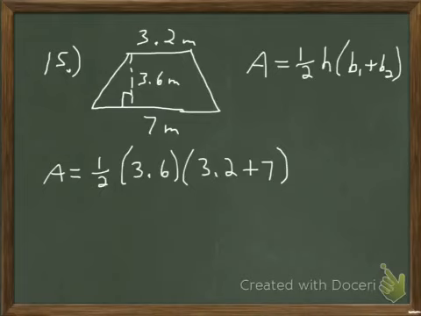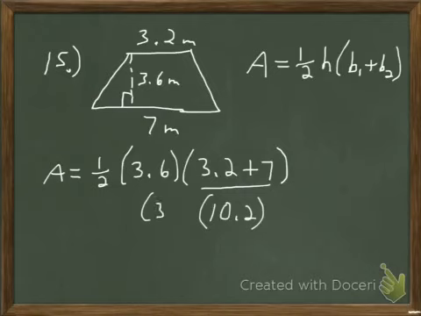Okay, so I start by adding. So I do the 3.2 plus the 7, which would give us 10.2. And then I would multiply the 3.6. So I would do the 3.6 times 10.2, which is 36.72 if you wanted to write that step.